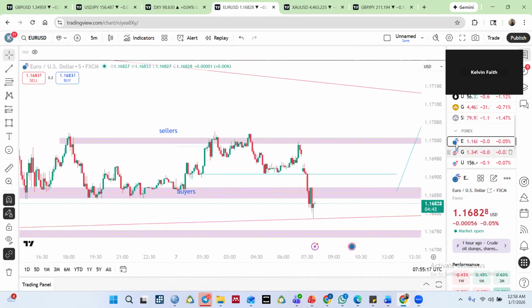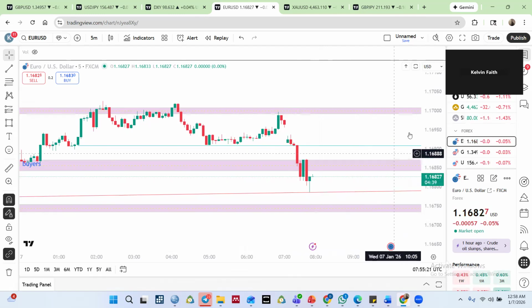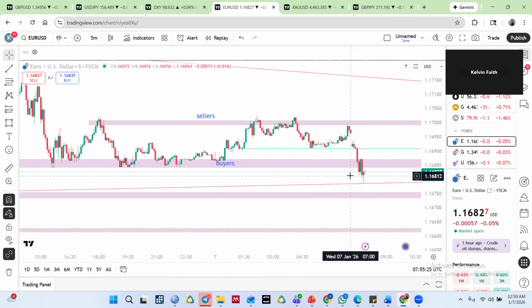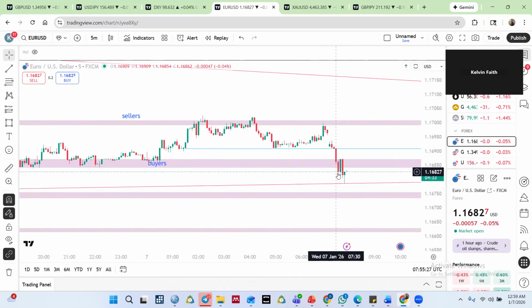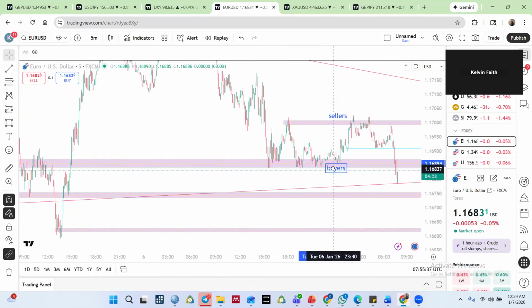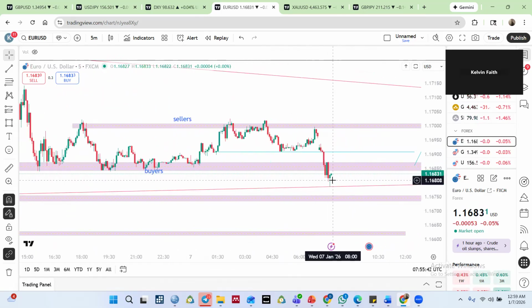Yeah, it looks like there is a rejection happening. Is it going to hold or not? I don't know. But yeah, so we see the buyers were crashed. They reacted up and then they were crashed again. So is it going to push up to go above that area for the buyers to step in again? I don't know.